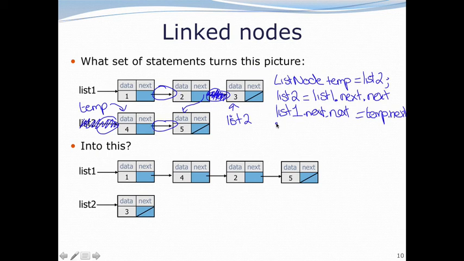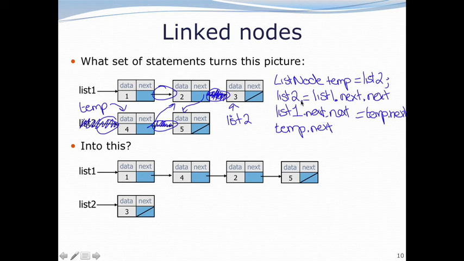So to do that, I'm going to say temp.next. So again, that's this box here. I don't want it to hold this reference anymore. Instead, I want to break this and I want to replace it with a reference to the node that has a 2 in it.